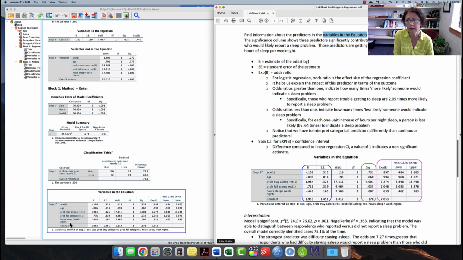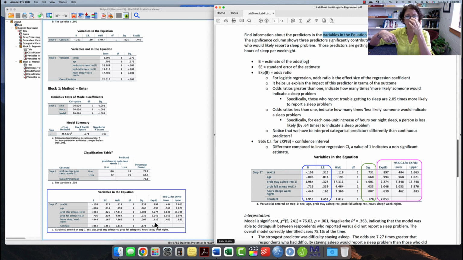And here, the hours of sleep per weeknight, that one's an interesting row because for one, the odds ratio is less than 1. And that means that one value is like the midpoint. Something with a value of 1 for the odds ratio is kind of right in the middle, that they could just as likely report a sleeping problem or not report a sleeping problem, right? But when it's less than 1, it's almost like that negative relationship that would be with correlation. As one goes up, the other one goes down.